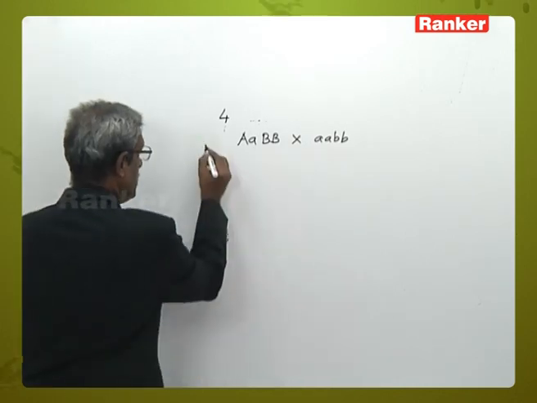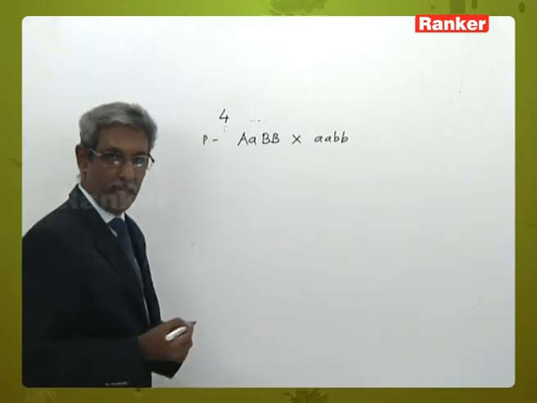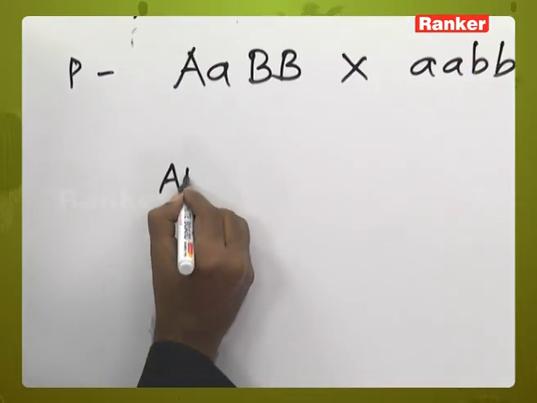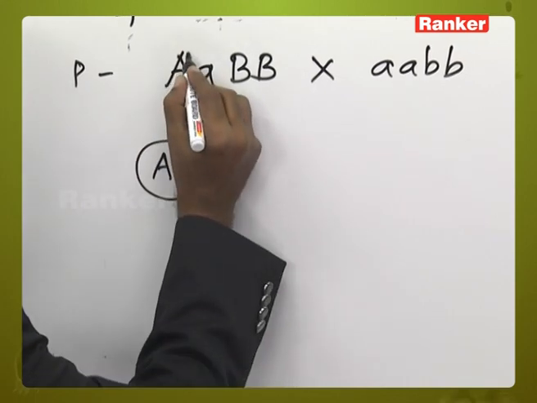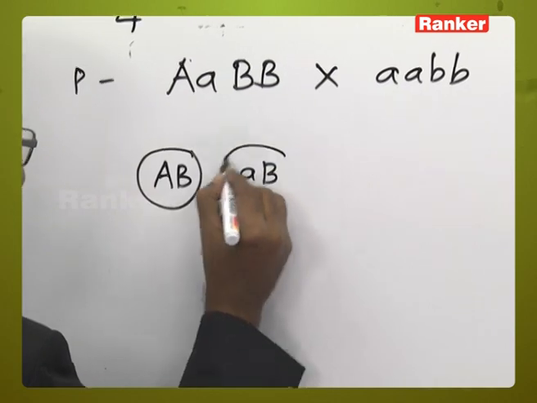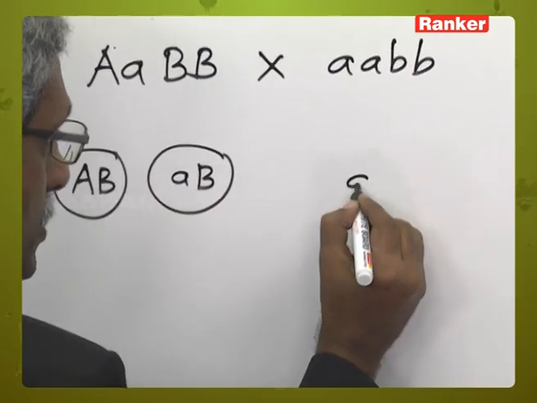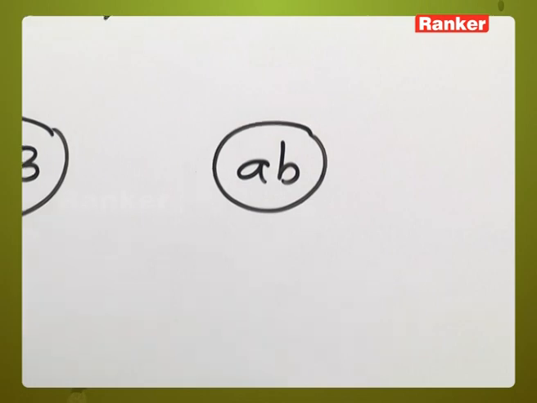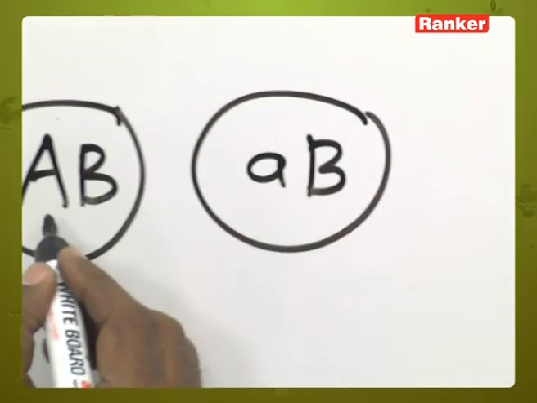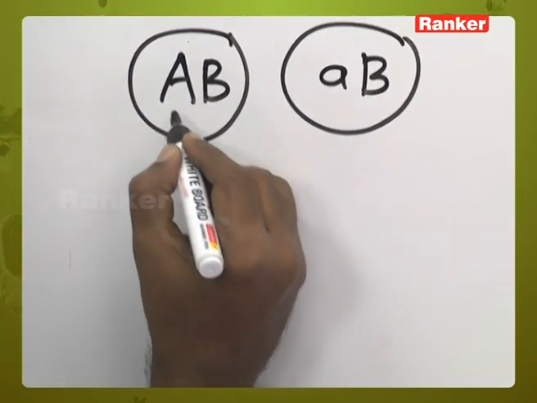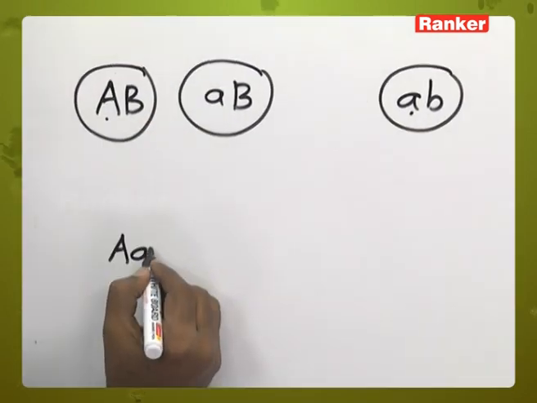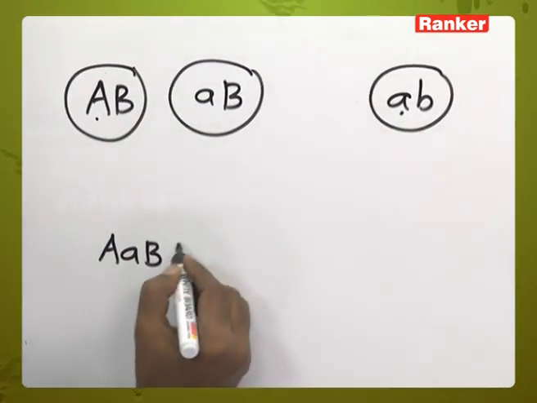So, a cross between these two parents: from one side we have the gametes AB, A and B, then small a and small b, and from this side we have small a and small b. In a combination of these, you have a capital A from here, a small a from here, a capital B from here, and a small b from here.